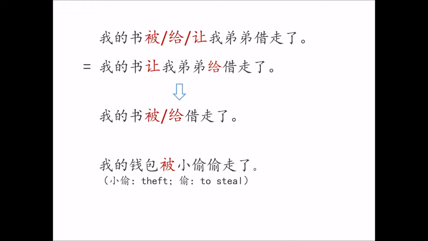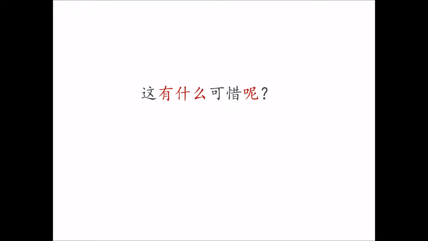好，看一下下面这个句子。Read the following sentence and try to figure out how many ways you can say it. "这有什么可惜呢？"有什么 literally means what does it have?